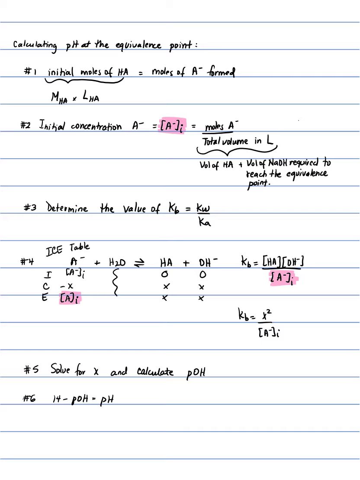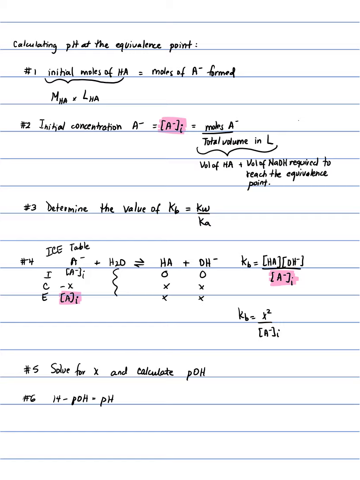So the total volume is your initial volume for your sample plus how much sodium hydroxide you need to add to reach the equivalence point. That total will be in milliliters, so you have to convert that number to liters. So you can calculate the concentration of that conjugate base at the equivalence point. The moles of your conjugate base divided by the total volume in liters will give you a molar concentration. You need that number to use in the ICE table later.